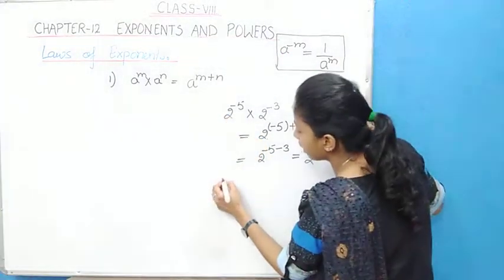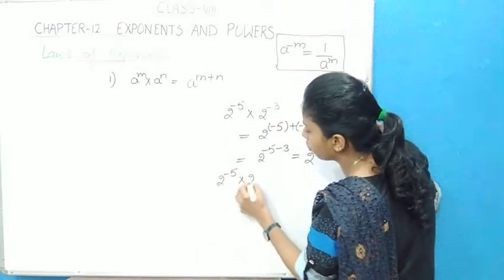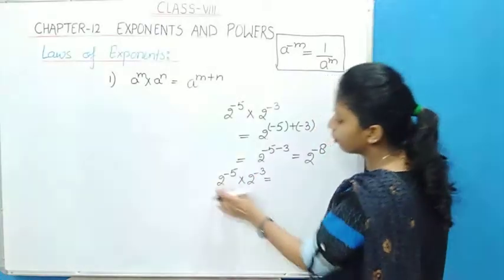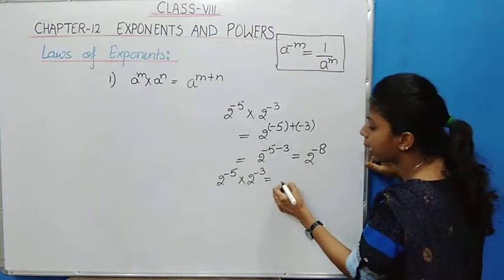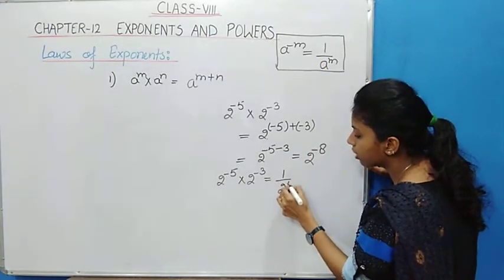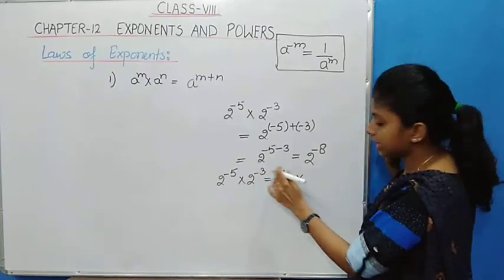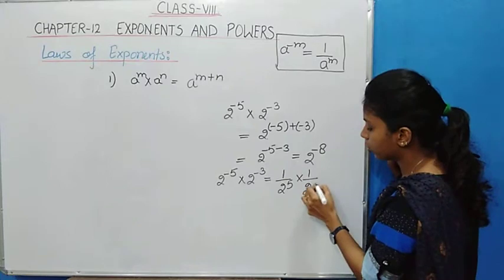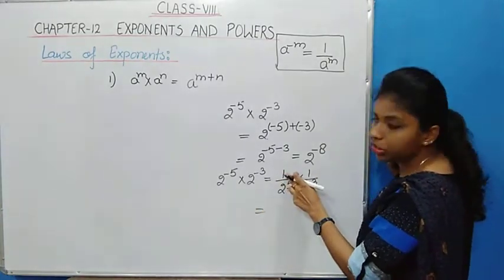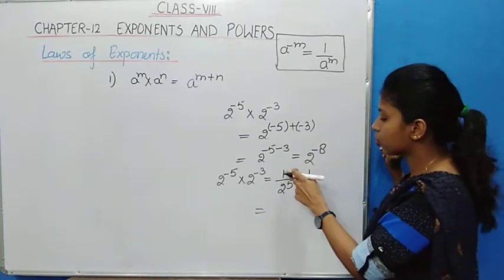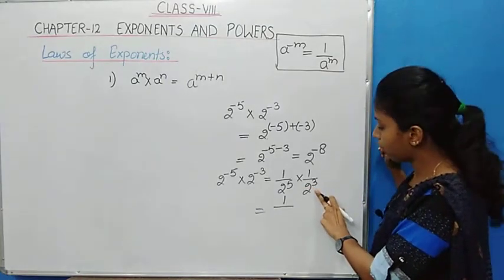We can convert 2 raised to power minus 5 into 2 raised to power minus 3. We can write 2 raised to power minus 5, with the help of this formula, as 1 by 2 raised to power 5, and 2 raised to power minus 3 can be written as 1 by 2 raised to power 3. After multiplication, the numerator will multiply with the numerator, so 1 times 1, and the denominator with the denominator.